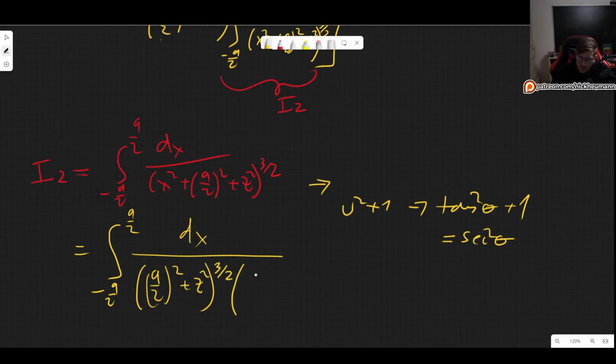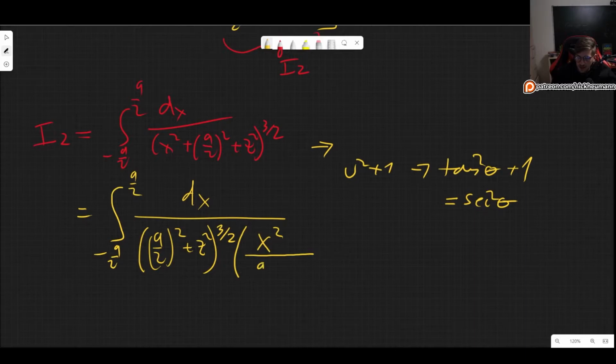And then we have x squared divided by a over 2 squared plus z squared, and then we have plus 1, right? Let's double check. This is to the 3/2. If we were to multiply, this would cancel this part out and it goes back there. There we go. Okay, so now we factor it out.